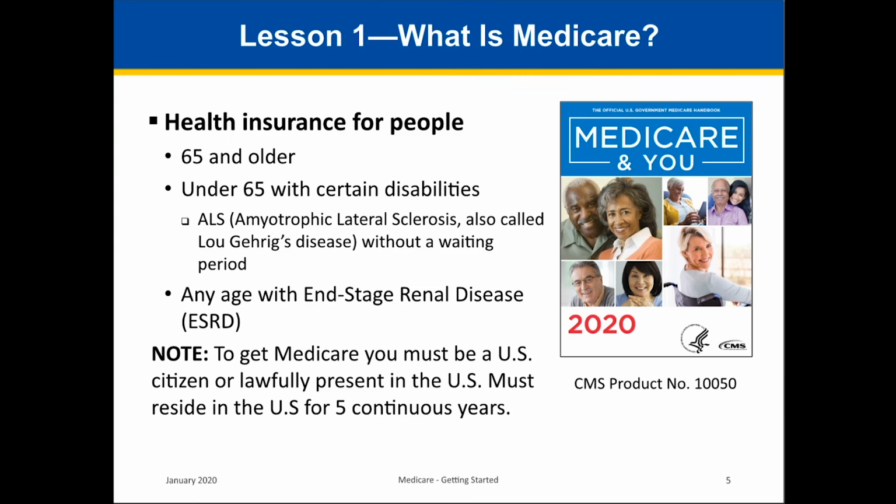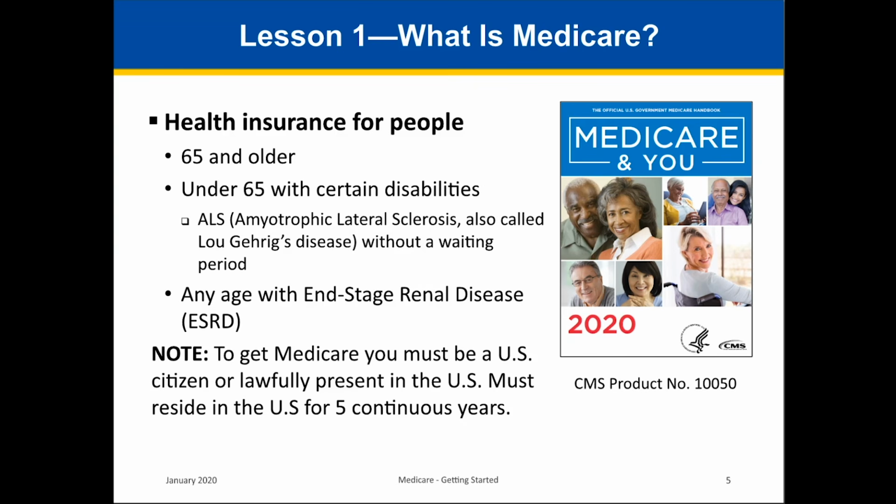This includes those that are diagnosed with ALS or Lou Gehrig's disease. However, with that diagnosis, there is no waiting period. Medicare is also for people of any age who have end-stage renal disease, further defined as those with permanent kidney failure requiring dialysis or a kidney transplant.